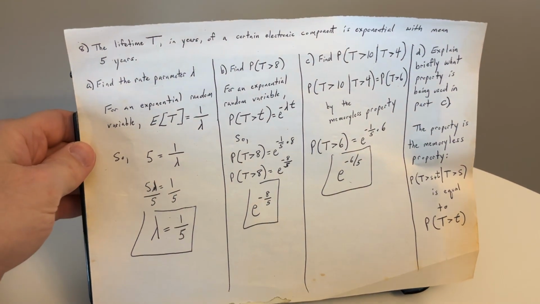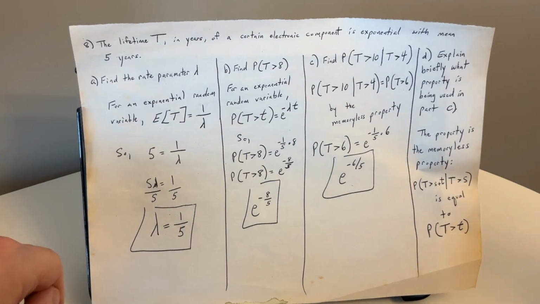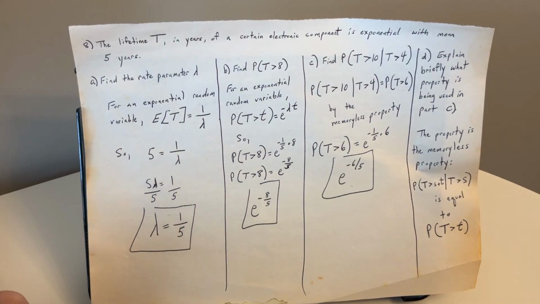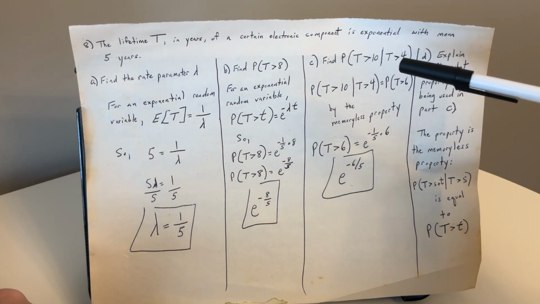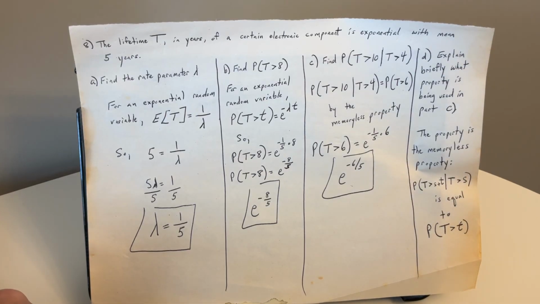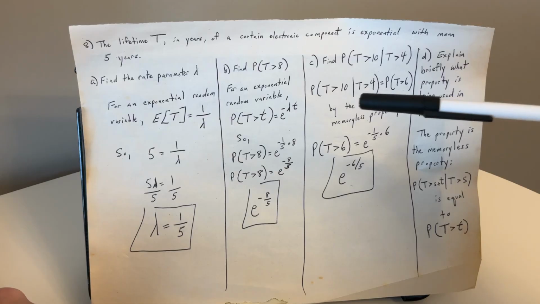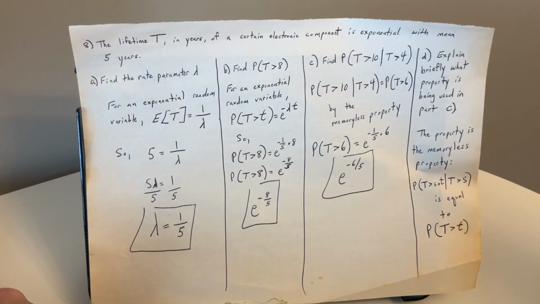Moving along here for letter C, find the probability. You're given the condition T greater than 10, conditional on T greater than 4. And this probability is going to be the probability of that difference, T is greater than 6, by the memoryless property.